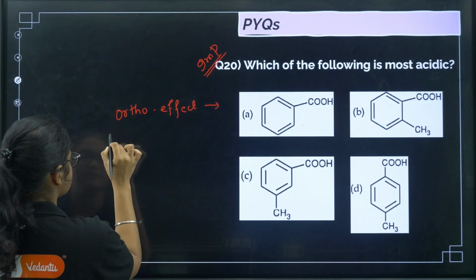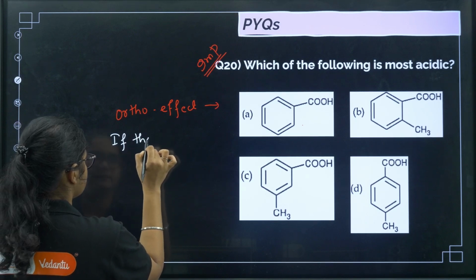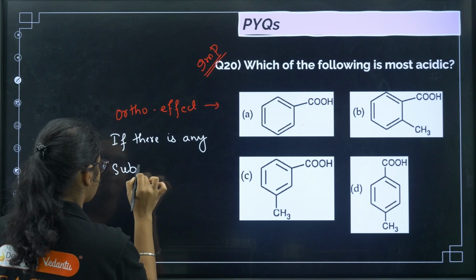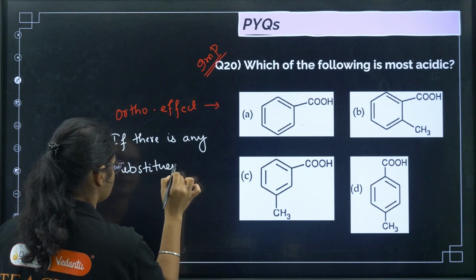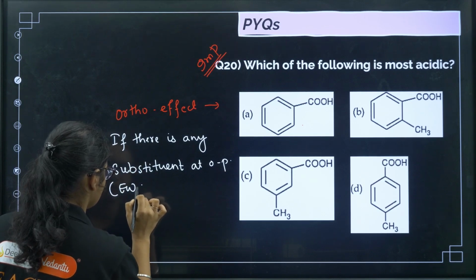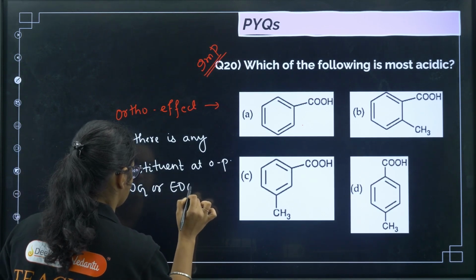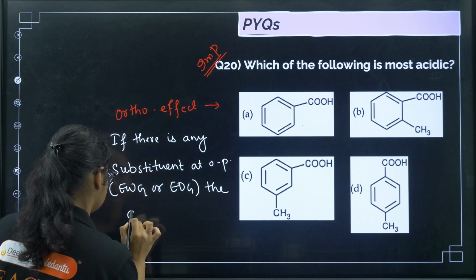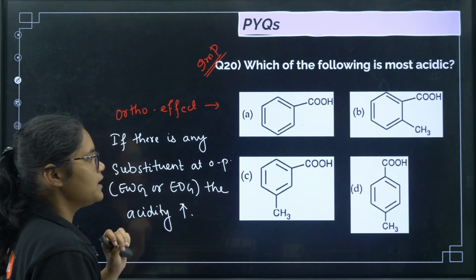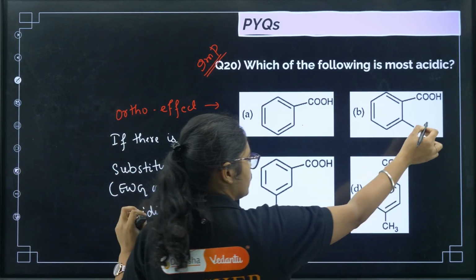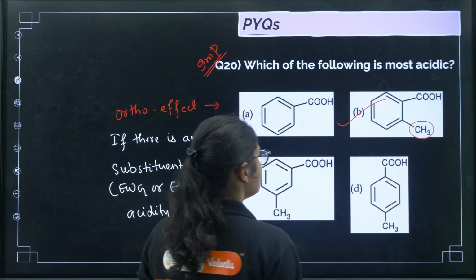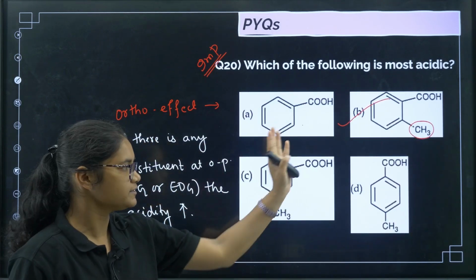That if there is any substituent at the ortho position, whether it is electron withdrawing or electron donating, doesn't matter, the acidity increases. That means whether it is donating or withdrawing, it doesn't matter. If there is any group present at the ortho position, the acidity will increase. So the correct answer is option number B.